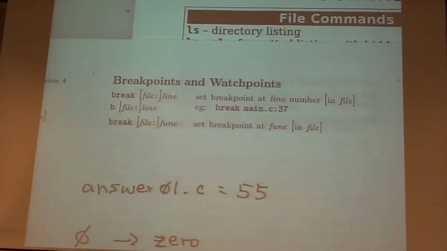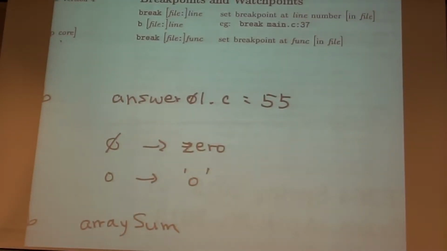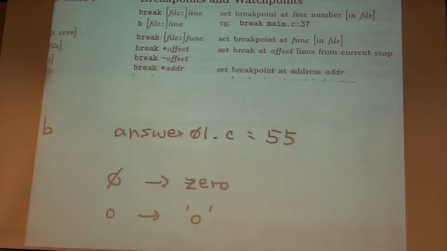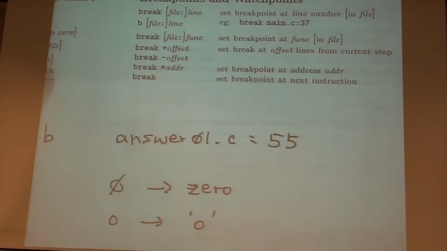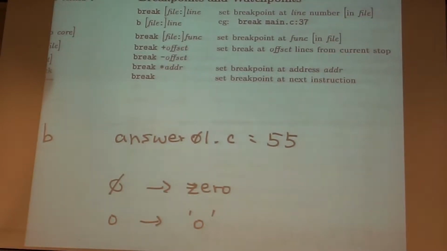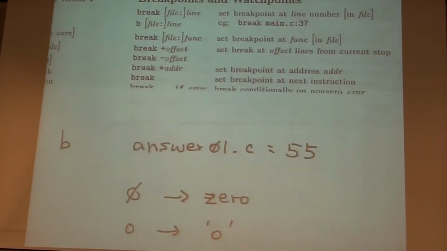You can have a breakpoint on a function. So in this case, I say array sum. You can also say B, that will break at the line after the current line, and so on. So there are many different ways to set a breakpoint.